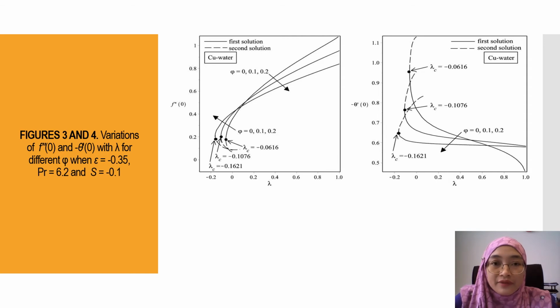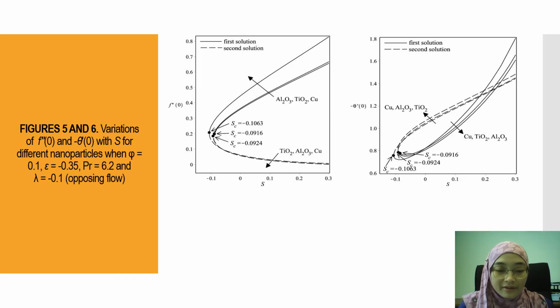However, the skin friction coefficient and heat transfer rate for φ 0.2 is lower than 0.1 and 0. It is because the presence of nanoparticles tends to reduce the skin friction coefficient and heat transfer rate. From these figures, the dual solution exists up to different critical values λc, and there is no solution beyond this critical value.